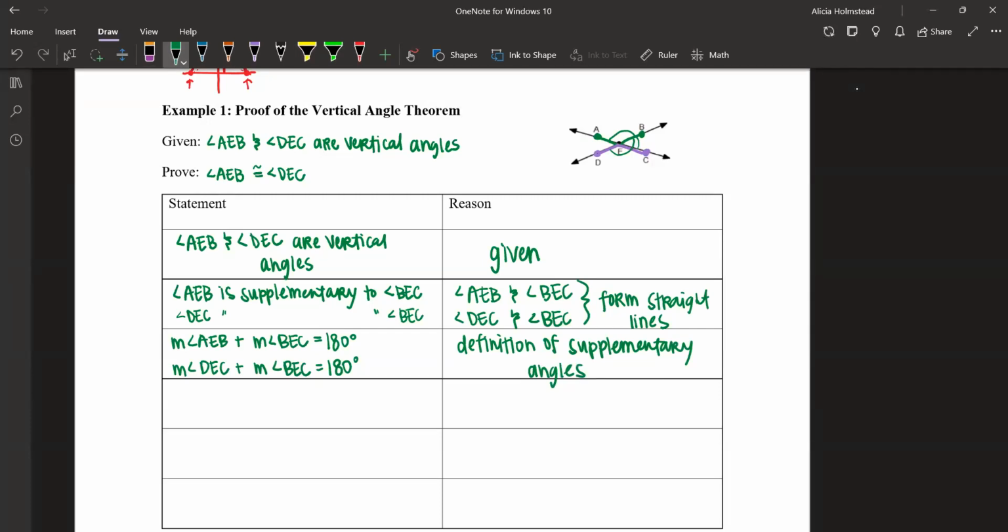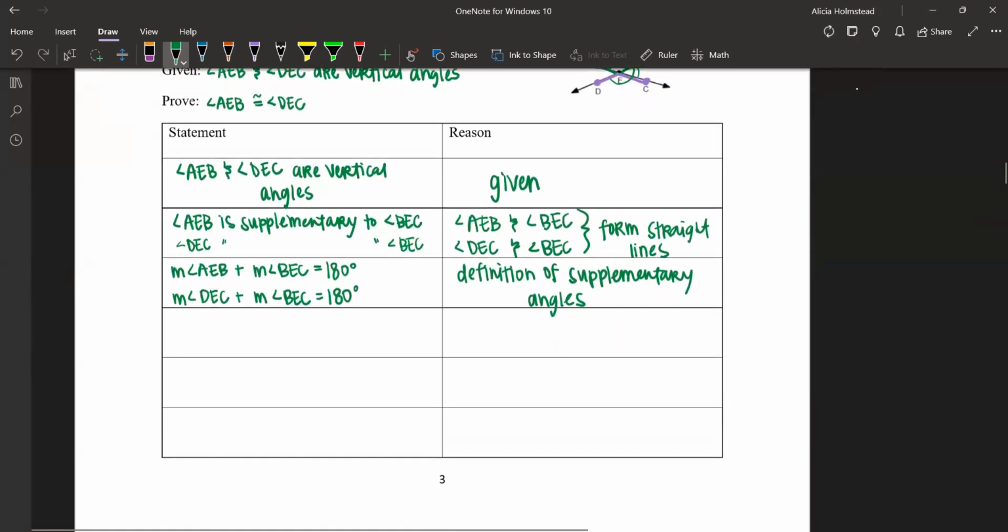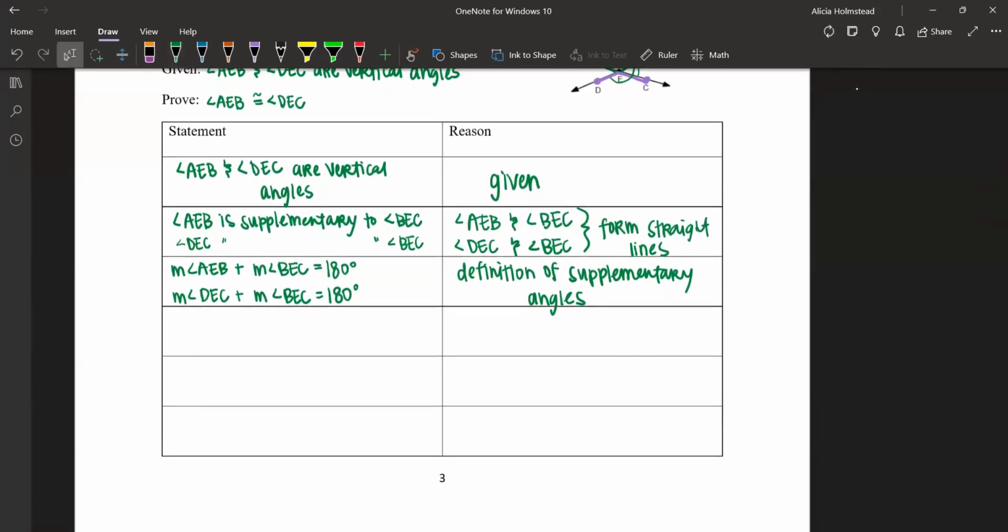Okay, so if we rearrange those equations, let's scroll down a little bit. We can say that the measure of angle AEB is equal to 180 degrees, subtract the measure of angle BEC, right? If I just subtract measure of angle BEC from both sides.